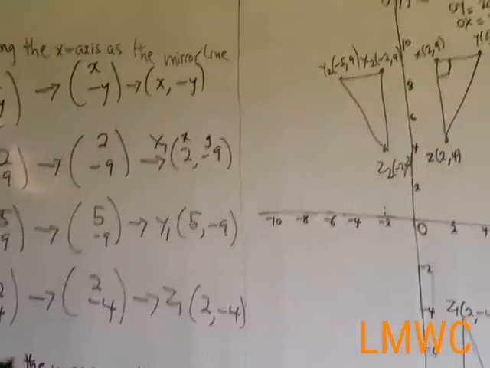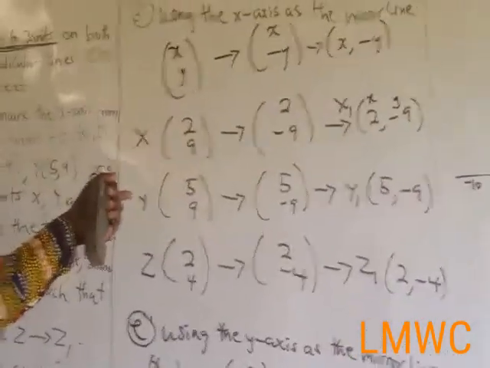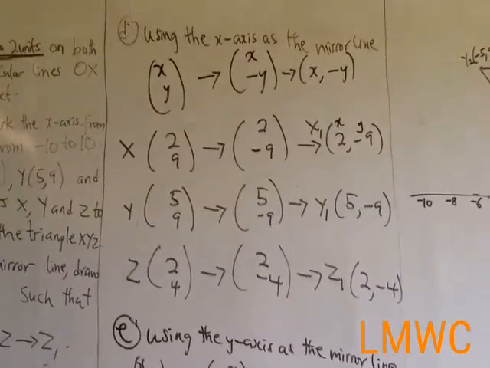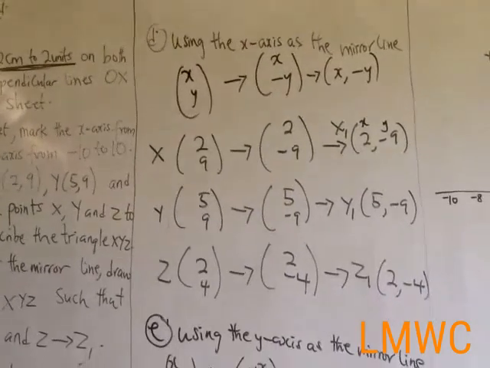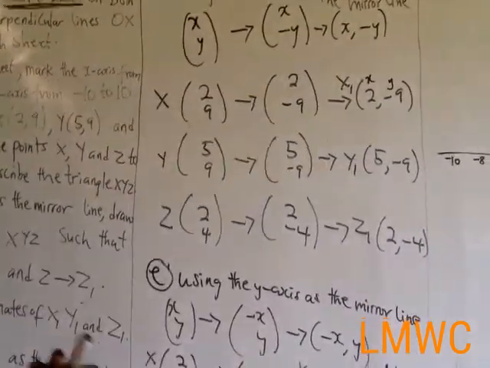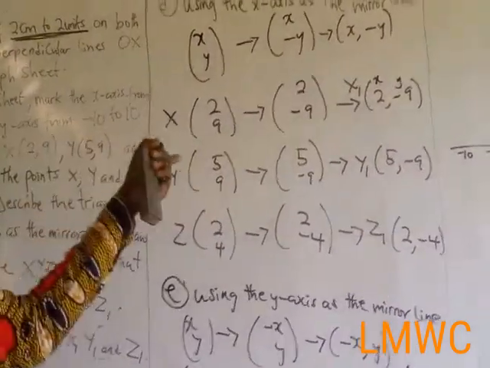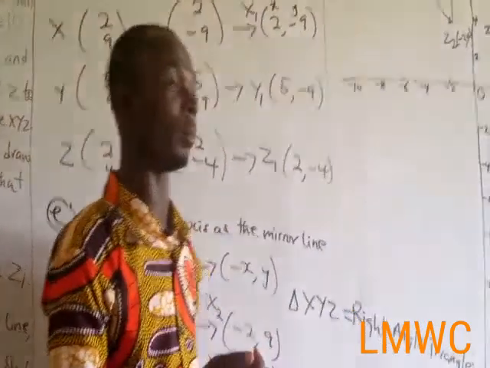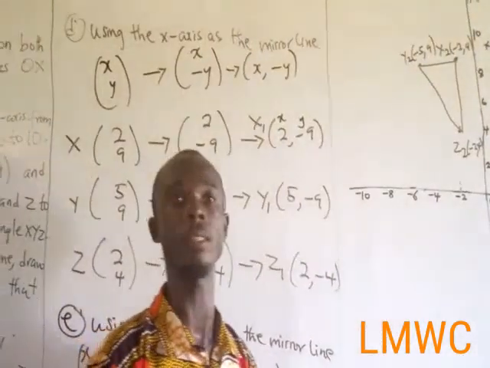Always take note that for every transformation question, try and work down your calculations. When you are given questions under reflection, rotation, translation, you should know how to apply the formula. So this is just a question I brought out for the day. Next time, I will let us solve another question. Thank you.